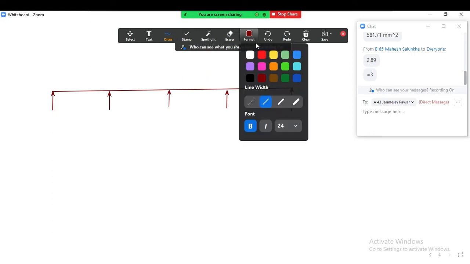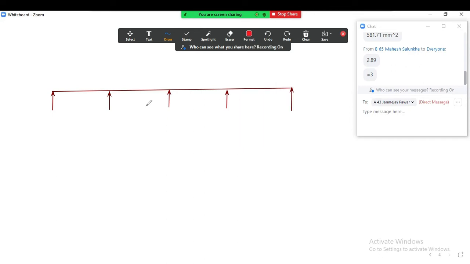Now if I try to draw the bending moment diagram of this beam, some bending moment is present at the end over here. It will be like this. This is the bending moment profile which I am drawing right now.